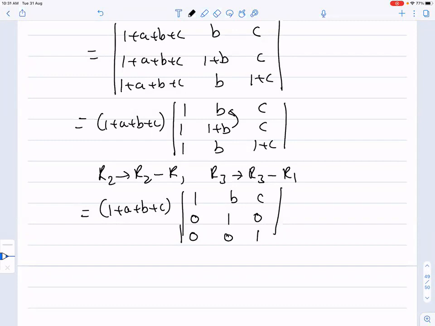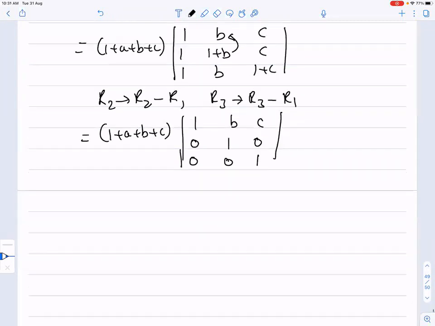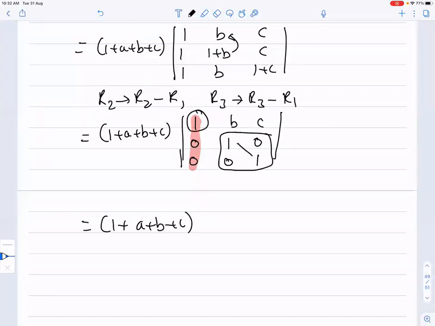Correct? Now expansion only, because we got 2 zeros. Expand with respect to this column. What will you get? 1 plus A plus B plus C into 1 into determinant of this, 1 minus 0. Correct? Now that is 1. That's your result. Is it clear?